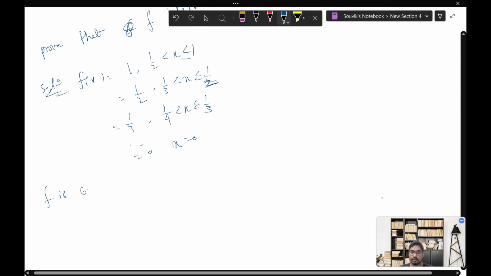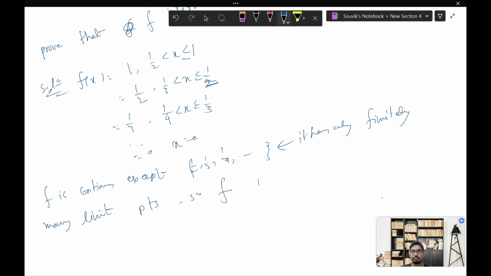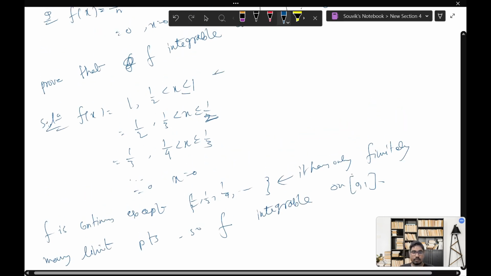Clearly, f is continuous except at half, one third, one fourth, and so on. It has only finitely many limit points, so f is integrable on [0, 1]. Similarly, here we can choose phi 1, phi 2, phi 3, dot dot dot.